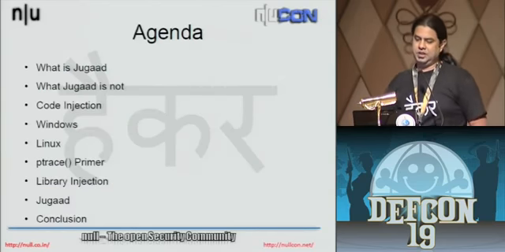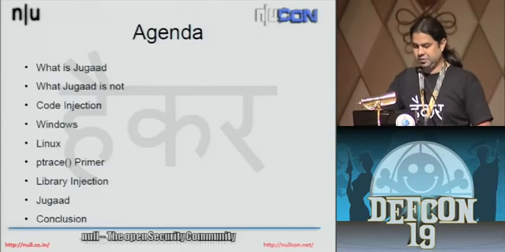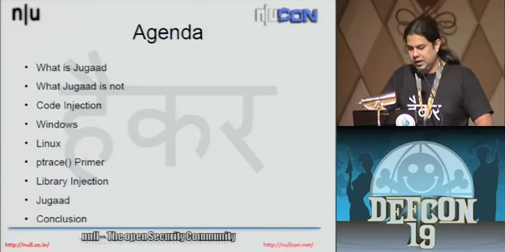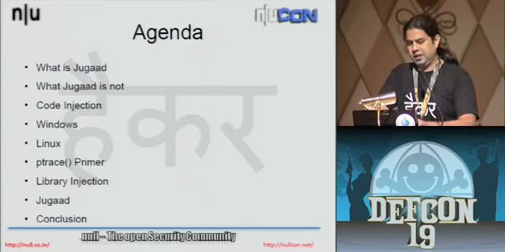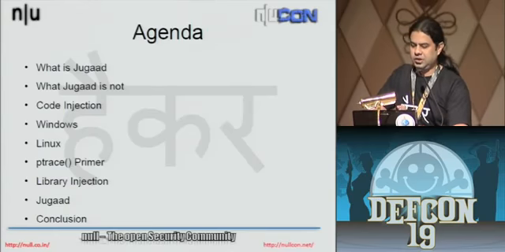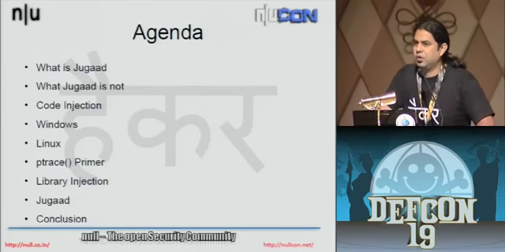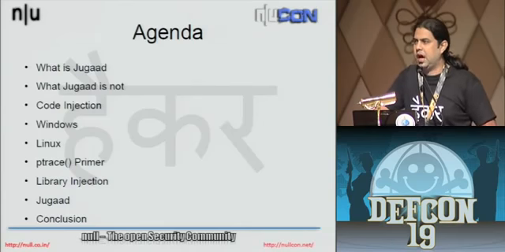All right, so the agenda for today is I'm briefly going to touch upon what the toolkit is and what it is not, and just touch upon what code injection is, because I think most of you already know what different code injection techniques there are.